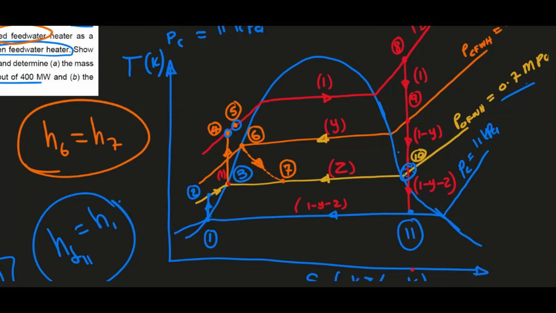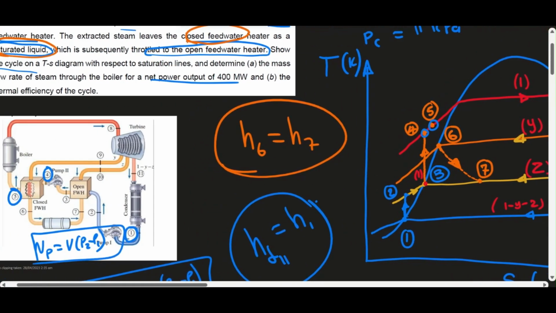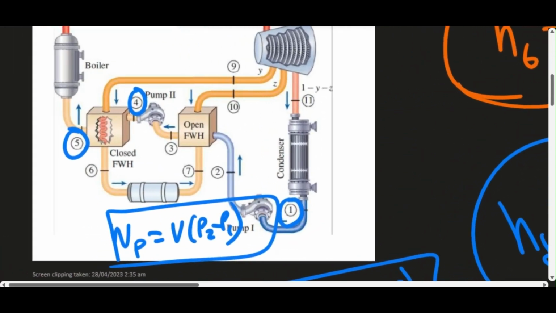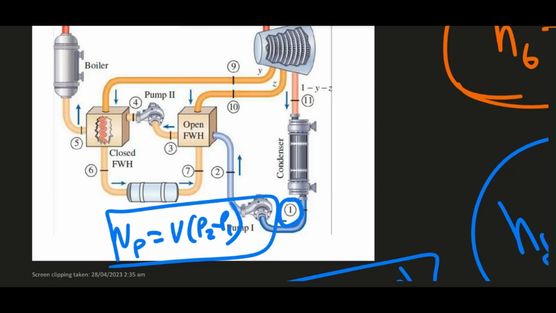For now, we'll leave state 5 alone and move on to state 6, get H6. So we'll leave H5 alone, we'll get H6.